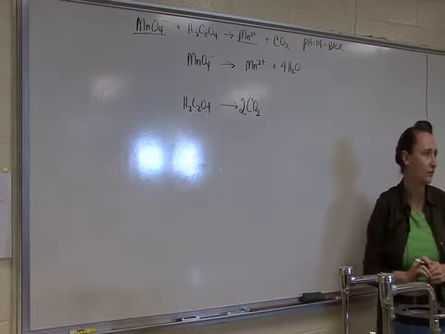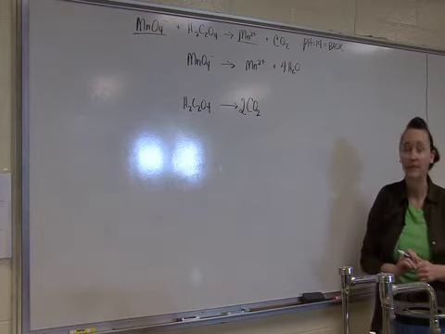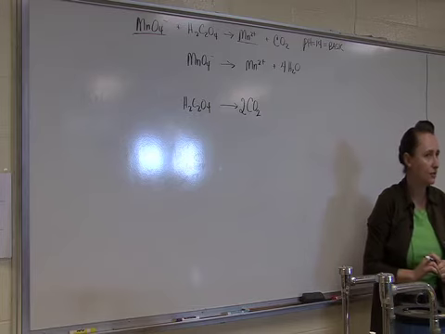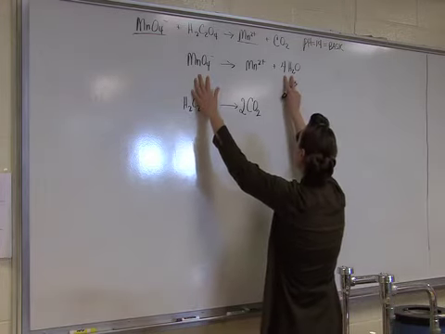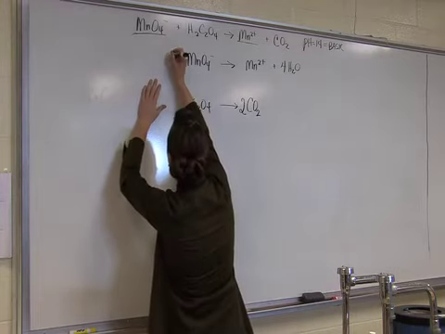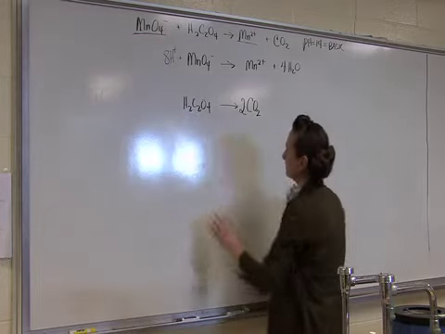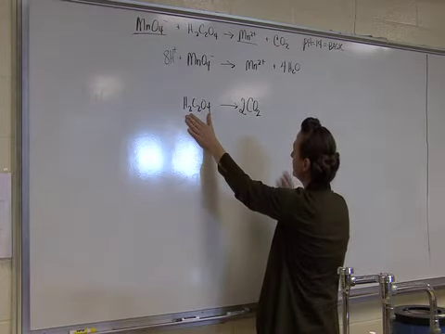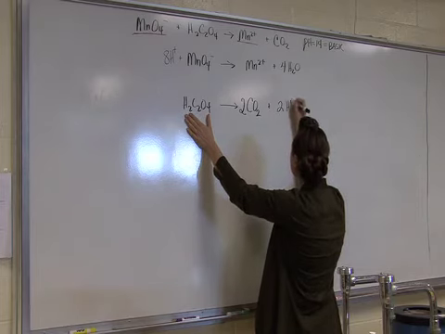So no waters there. Now I go back and balance hydrogen using H+. So I have 8 hydrogens here, so I'm going to put 8 H pluses on that side. Down here I have 2 hydrogens, no hydrogen, so I'm going to put 2 H pluses over here.